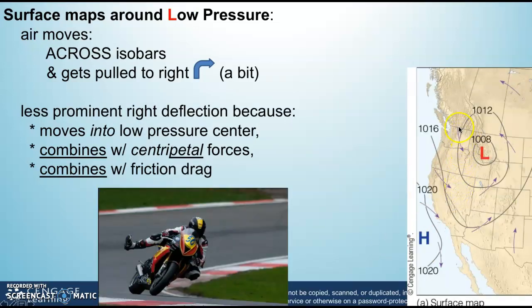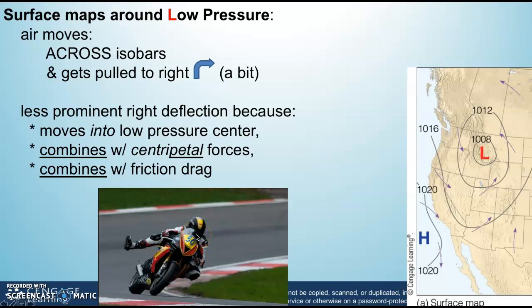On the lows, you have an even weaker deflection to the right that you really don't even notice very much because it's being pulled into the low. The reason you don't notice this right deflection so much around the lows is because you're being pulled in by a centripetal force that is combining with frictional drag. Because when you're being pulled in, you're slowing down.